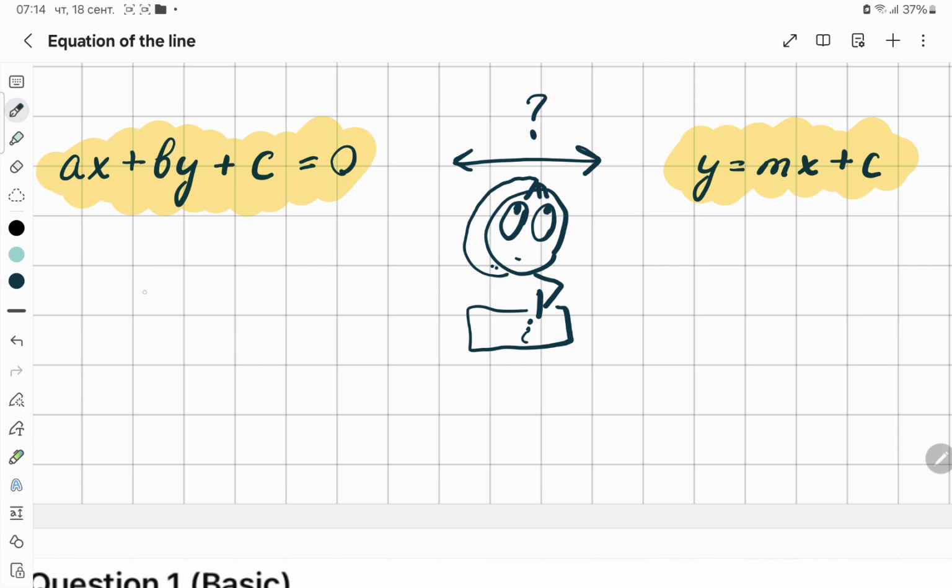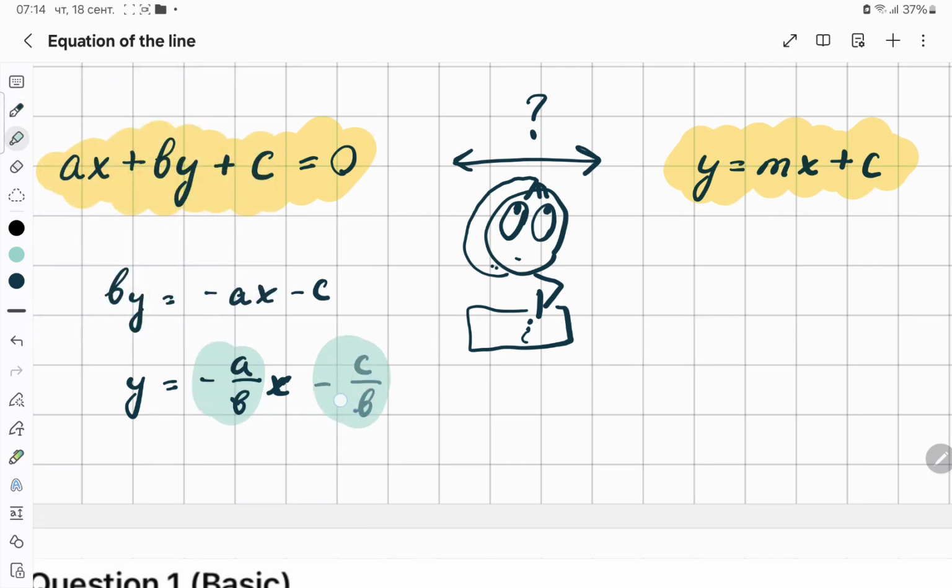Yes, for sure. On the left side we have to express y: by is equal to minus ax minus c, and then divide everything by b. So y is equal to minus a over b times x minus c over b. This one is going to be our slope, and the other one is going to be our y-intercept.